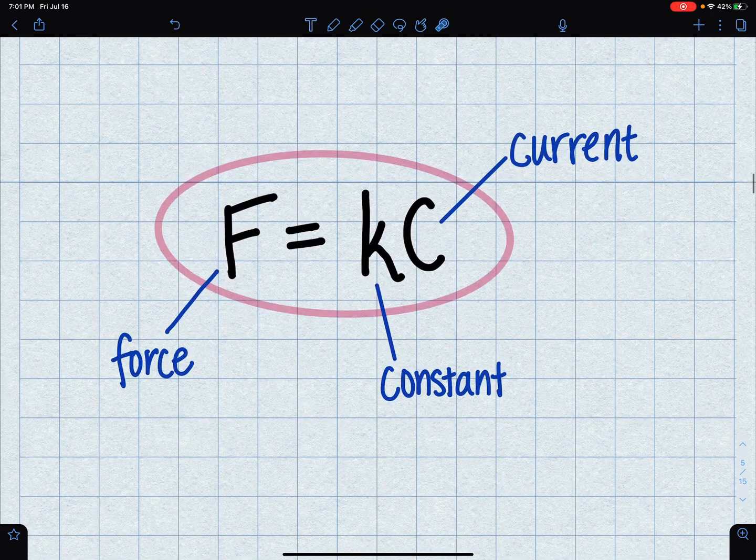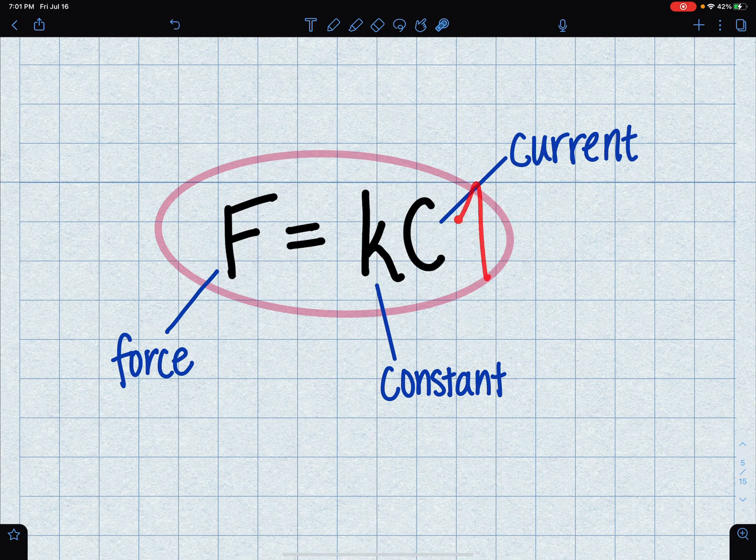But here's another example that we use in science all the time. Force. The force varies directly as the current, and here C is the current. Okay? So force varies directly with the current. And that's how you would write that equation.